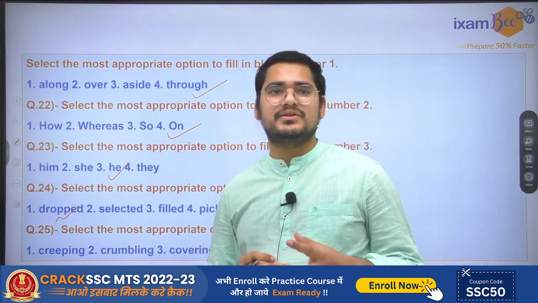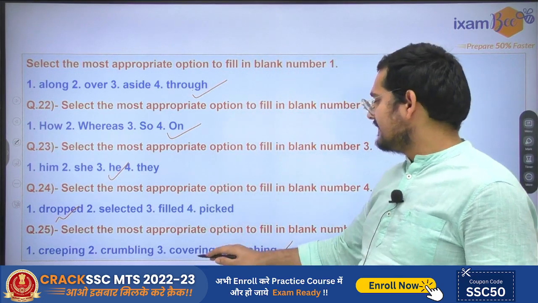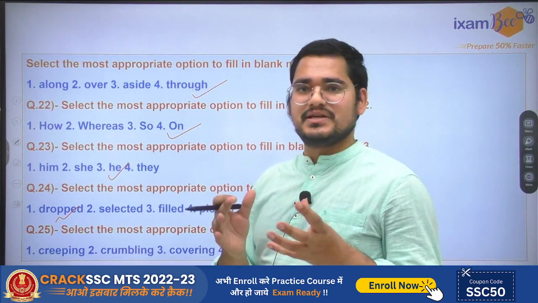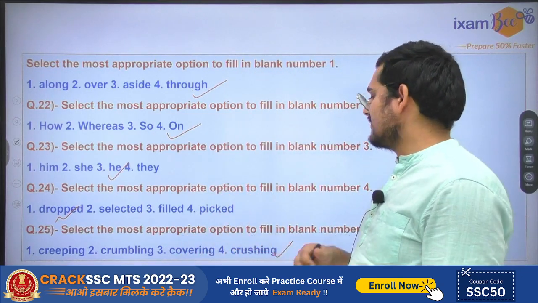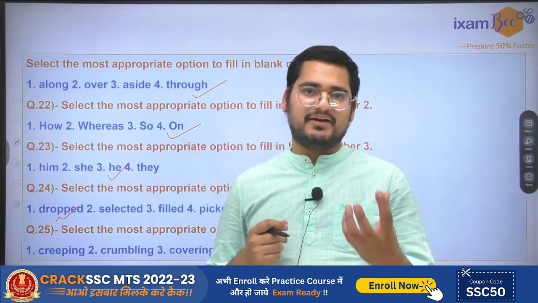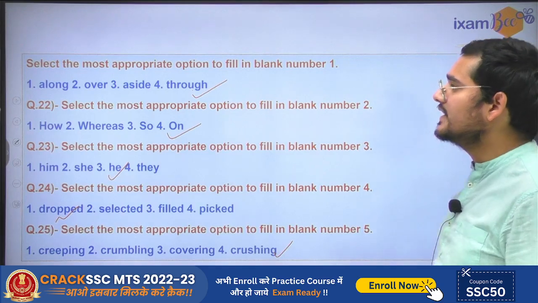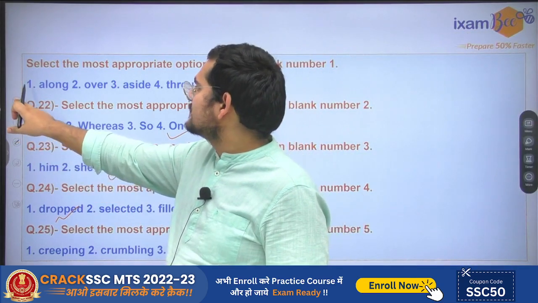Crumbling is to press something where that thing breaks, right? And covering is to cover something, right? And then we have finally crushing, when a huge or heavy object falls on something. So that is crushing. These are the options here.